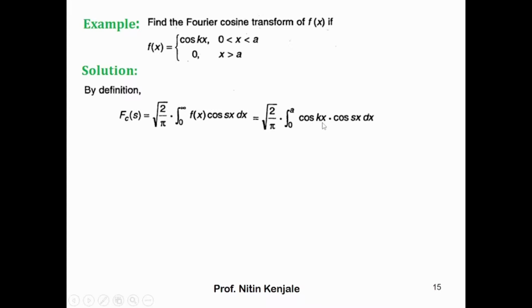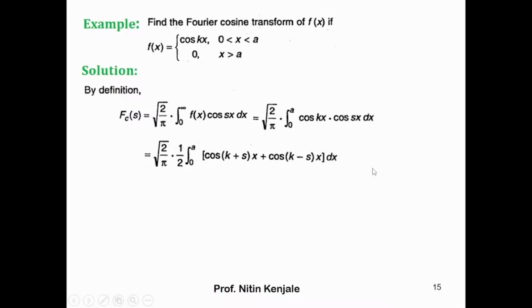Integrand is cos kx into cos sx. We know the trigonometric identity which states cos a into cos b is cos(a plus b) plus cos(a minus b) divided by 2. So we use the same and write this as 1 by 2 into integration of cos((k plus s)x) plus cos((k minus s)x) dx over the limit 0 to a.